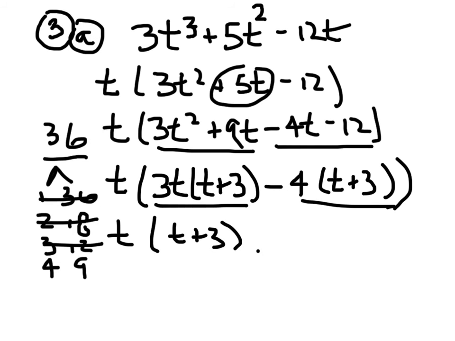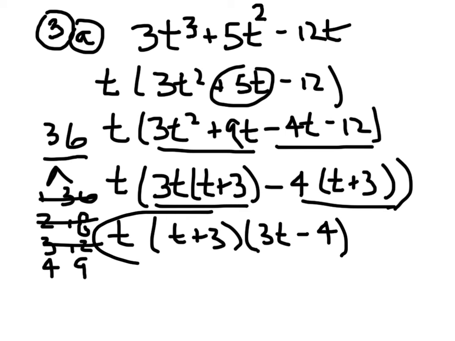And when I factor a t plus 3 out of this, I'll be left with 3t. And when I factor a t plus 3 out of this, I'll be left with minus 4. So it looks like if it's factored completely, I'll be left with t times t plus 3 times 3t minus 4.